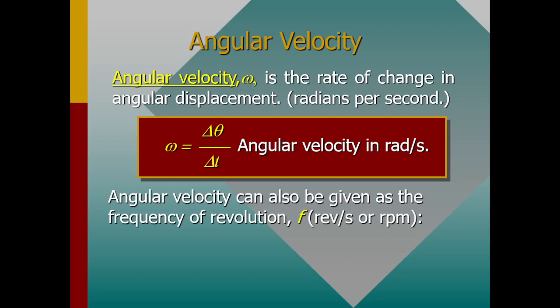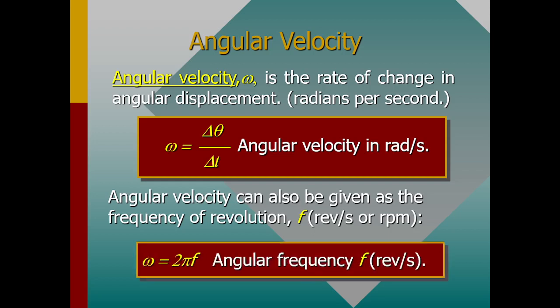So angular velocity can also be given as the frequency of revolution, which is just the revolution per second, and that is the formula. Guys, angular velocity is equal to 2 pi times frequency. If you have the angular velocity and they ask you to find the frequency, you divide the angular velocity by 2 pi.